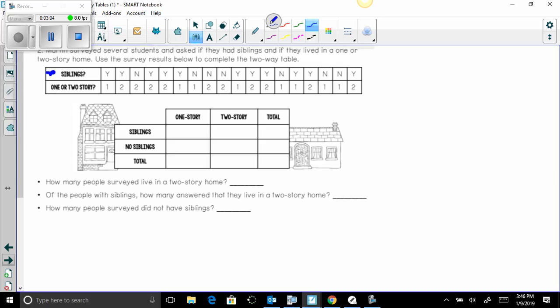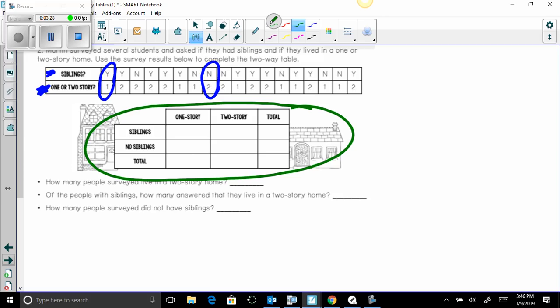The top one asks if we have siblings, so yes, I have a sibling, or no. And the bottom one tells one or two-story home. So this one right here says, yes, I have a sibling, and they live in a one-story home. This one right here says, no, I don't have a sibling, but I live in a two-story home. So we need to go through and figure out what is going to go in my table down here.